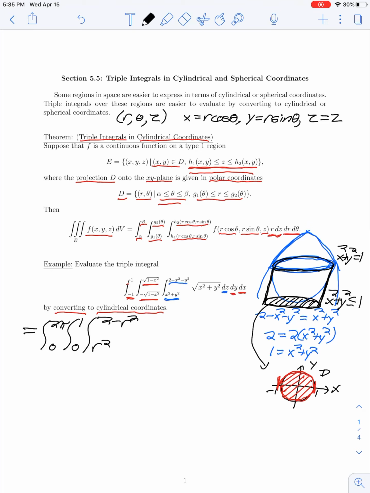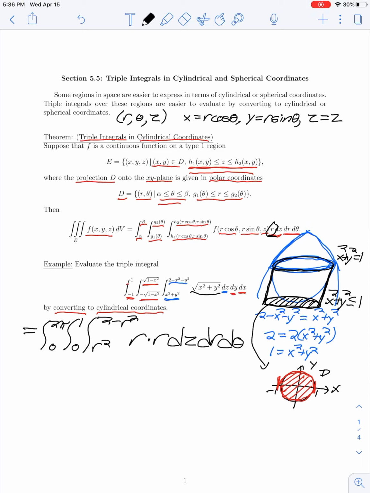The integrand we're left with, the square root of x squared plus y squared, is the square root of r squared, or just r. And changing our differential to polar coordinates, remember we pick up an extra factor of r. So we're going to have times another factor of r, and then we're integrating in the order dz, dr, d theta.